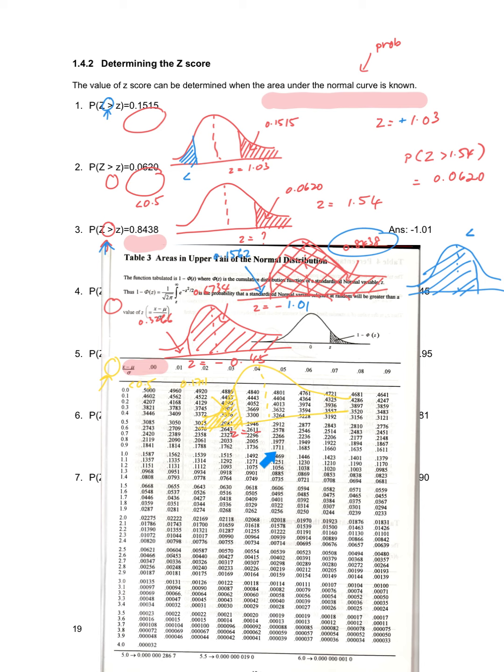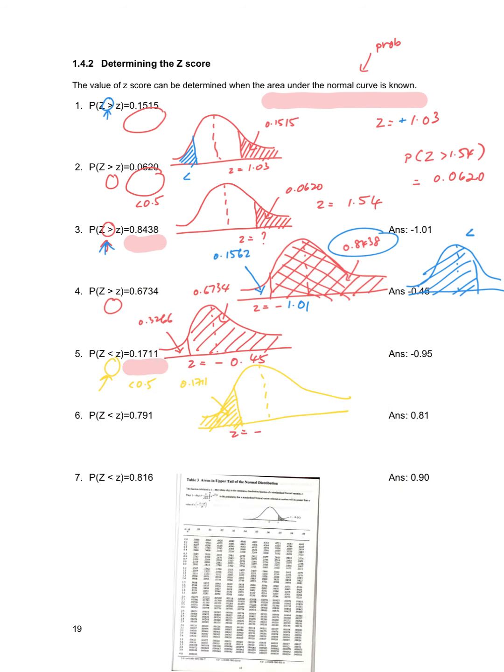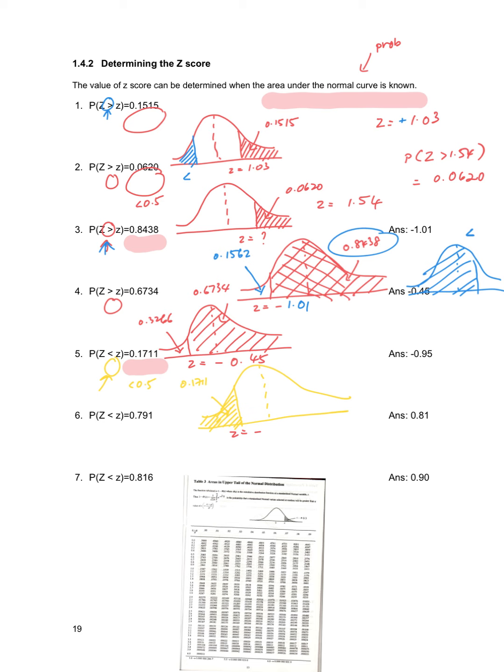Here 0.1711, meaning that the Z is 0.95, negative 0.95. So the answer is negative 0.95.